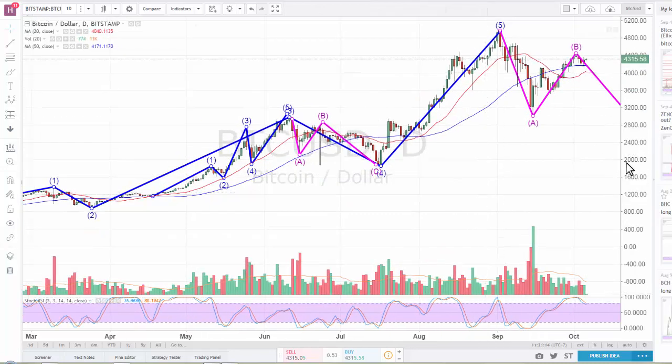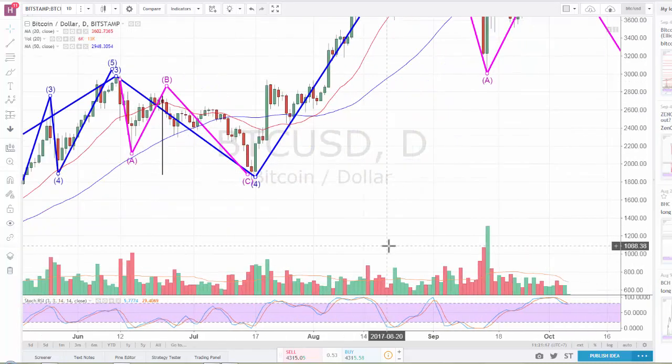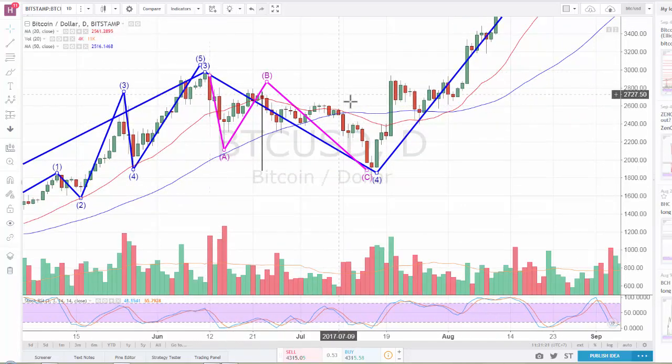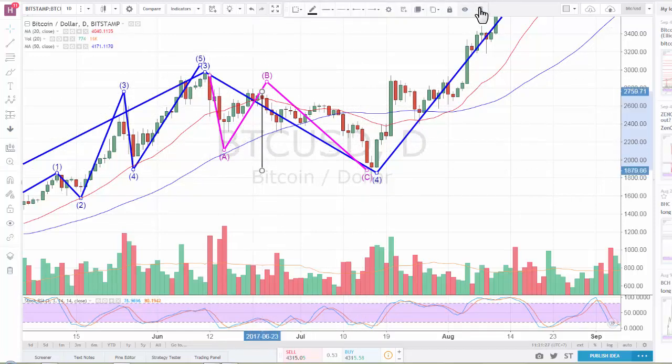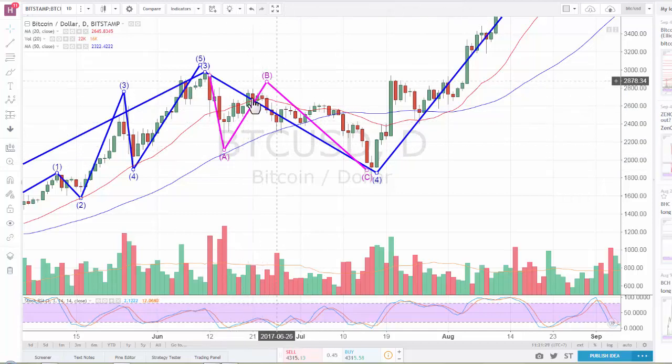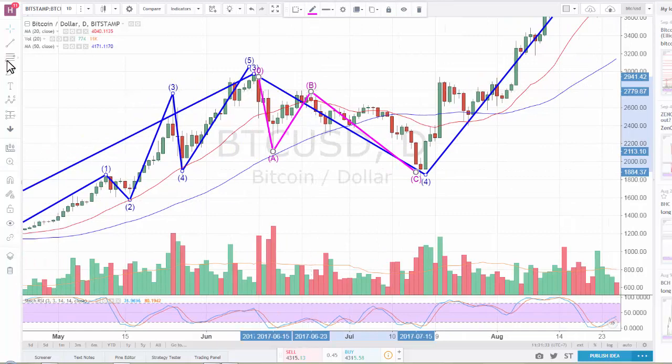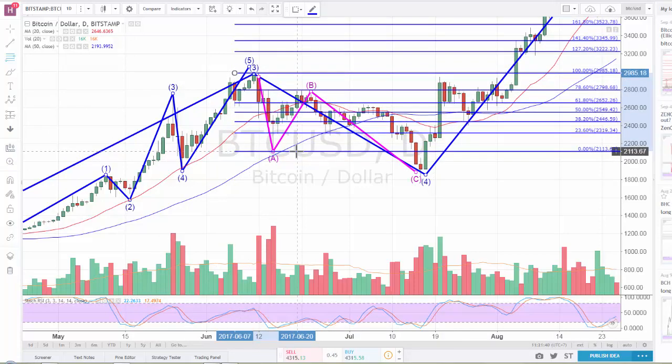Okay, so for an ABC correction to be valid, not only does the vertical distance of A need to be equal to the vertical distance of C, but the retracement, which is B, also needs to be at a Fibonacci level of either 61.8, which is the most common one.